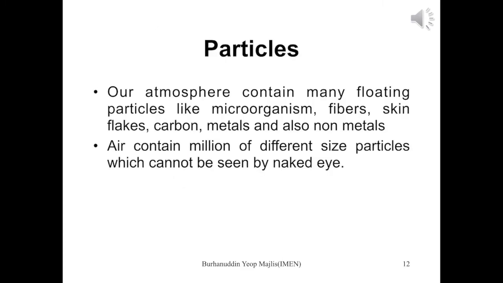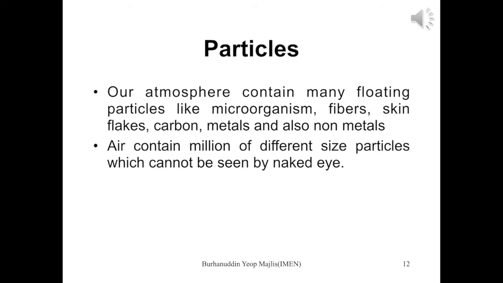Our atmosphere contains many floating particles like microorganisms, fibers, skin flakes, carbon, metal, and also non-metal. So air contains millions of different sized particles, which cannot be seen by the naked eye.